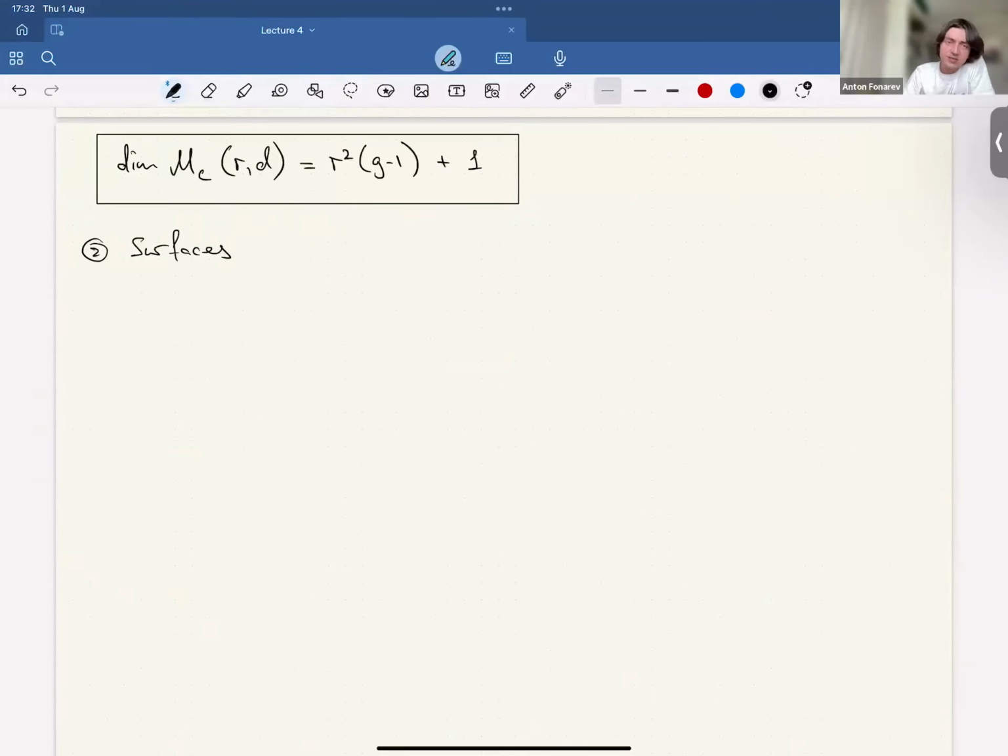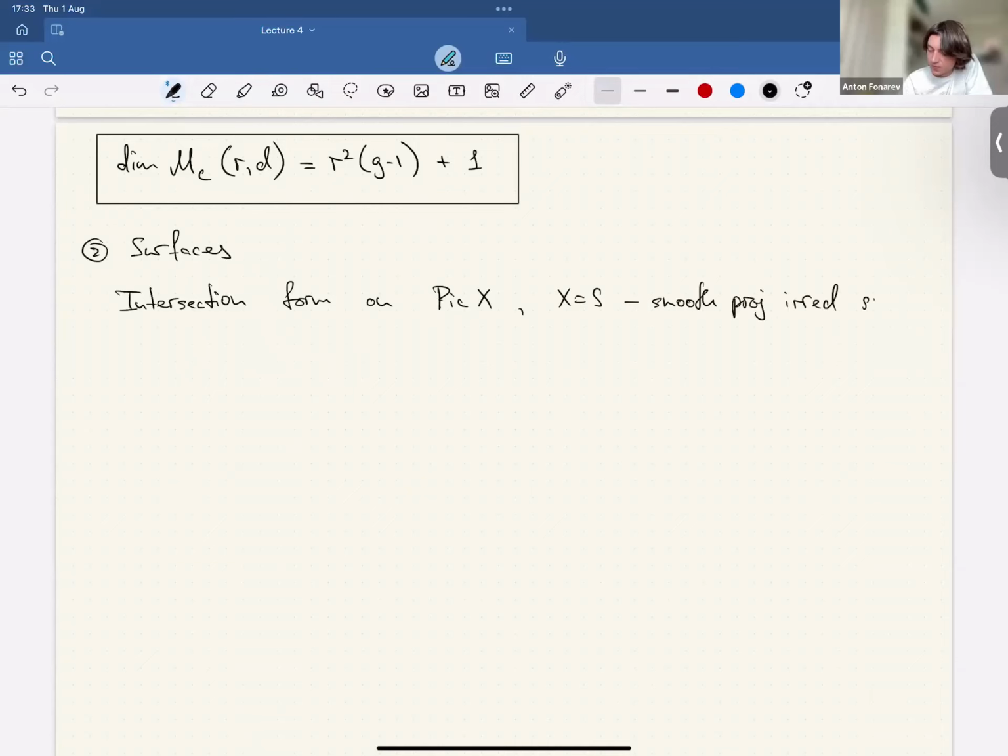But the first thing that I want to introduce is the intersection form on, again, the Picard group of X, where X is a smooth projective irreducible surface.